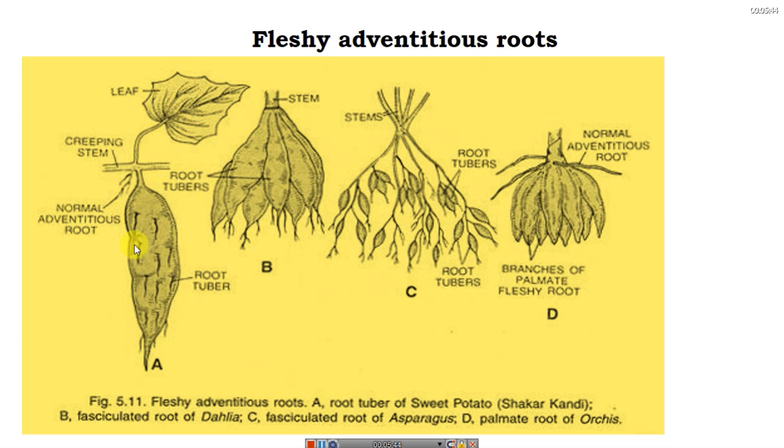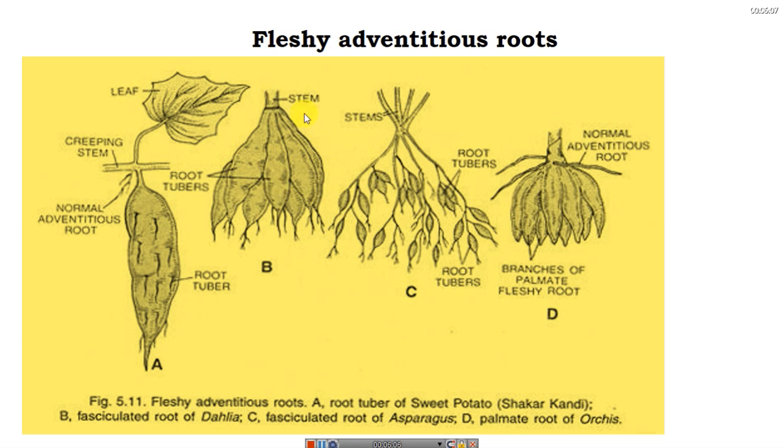This figure A shows you the root tuber of sweet potato, where you are seeing a single fleshy tuber, and the second figure shows you the fasciculated roots. Fasciculated roots means the root tubers will be in clusters.